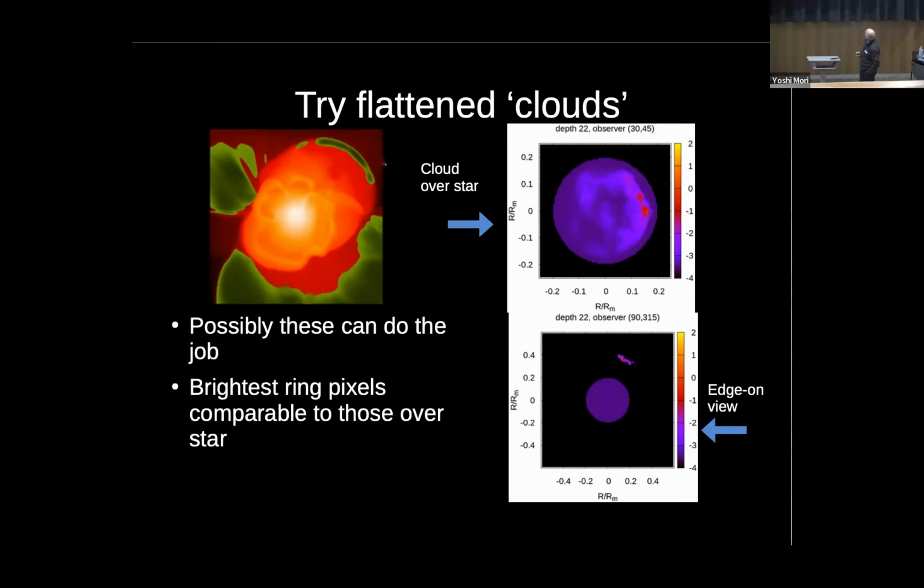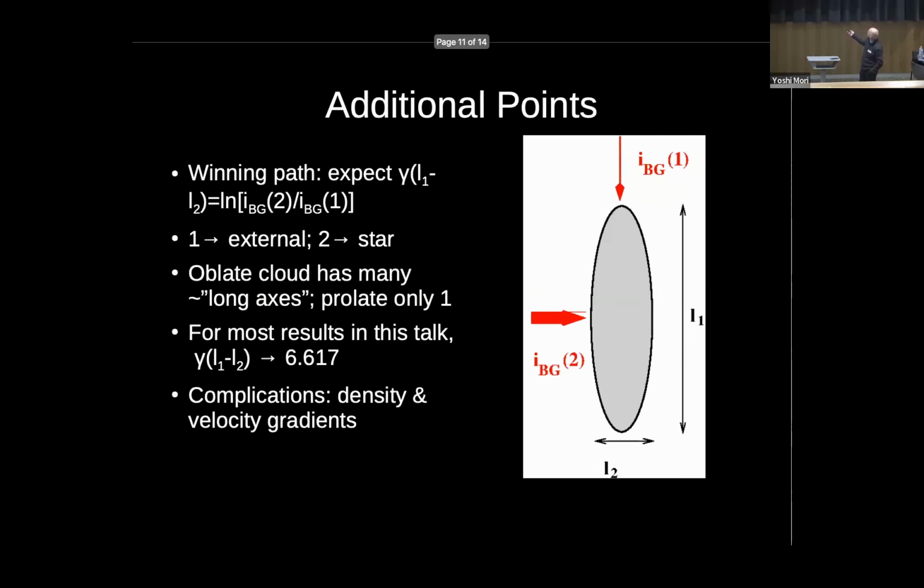Okay, so with that view, if you had quite a lot of objects like this round your ring, you could get brighter ring emission than the emission from in front of the star. So this could do it. So shock flattened clouds is certainly one model that might work.